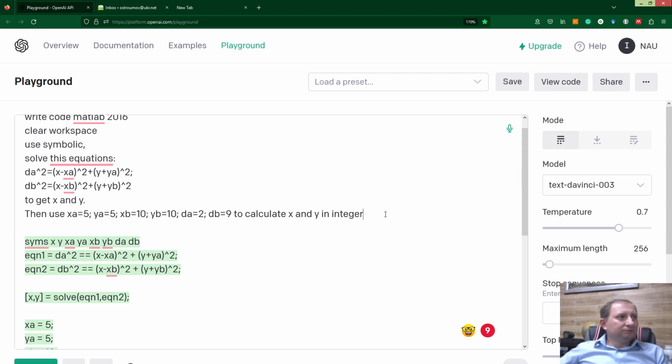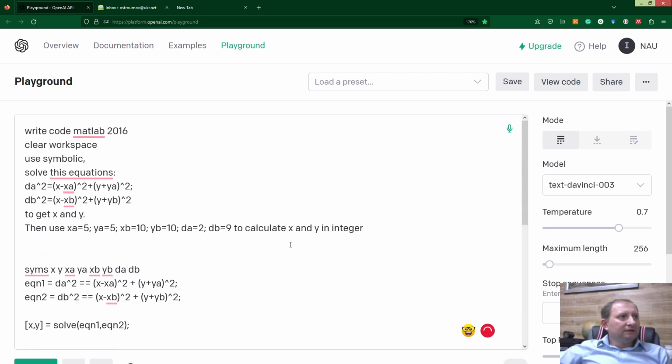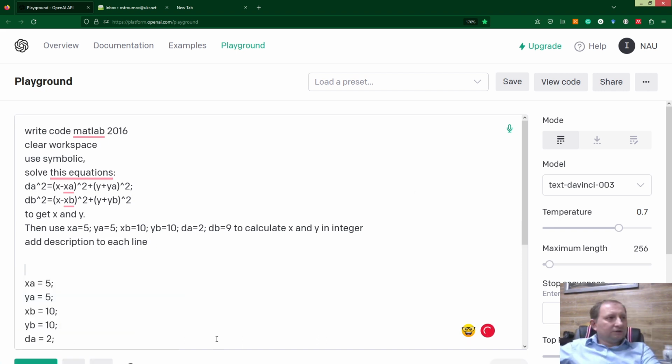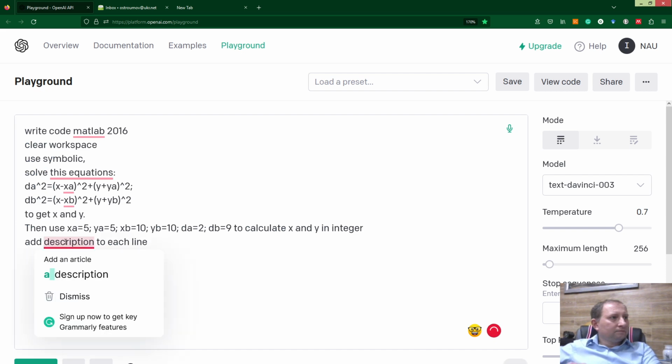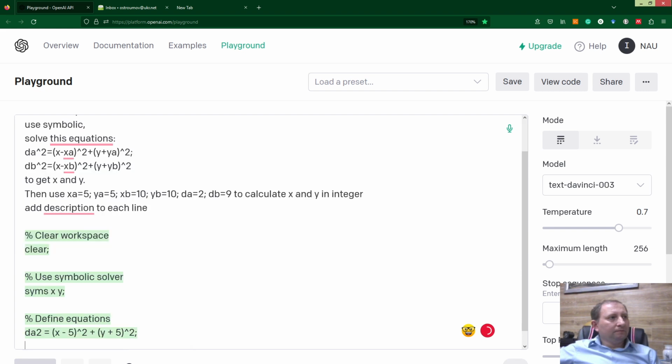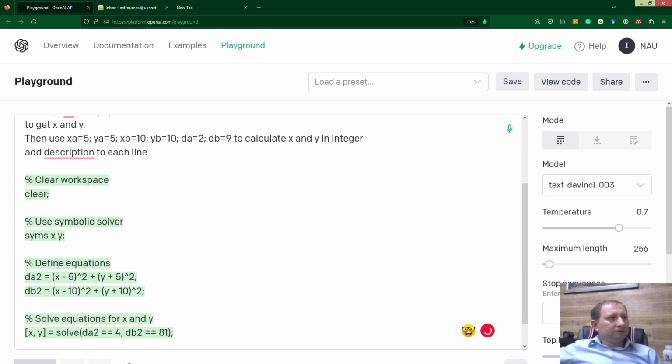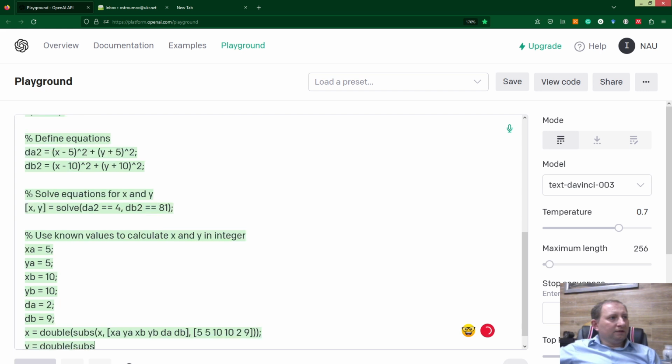Thus, maybe I will just add additional explanation, add description to each line, and I will regenerate all the code to get it. Okay, submit. And let's see how it will be.